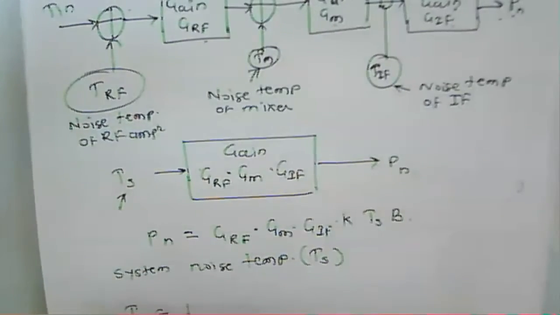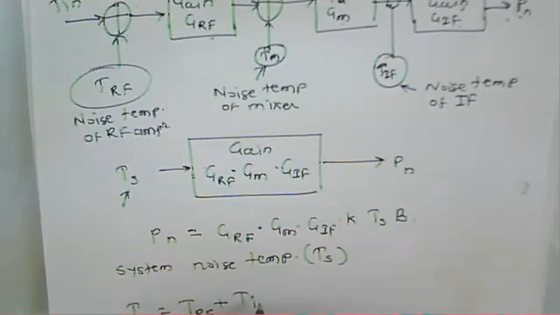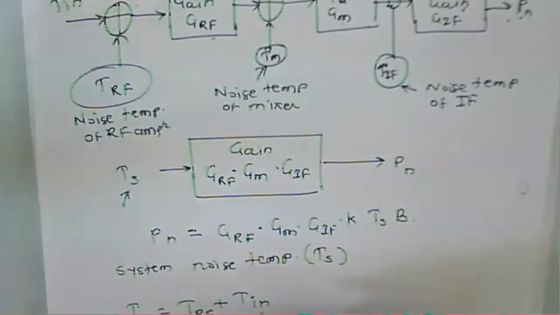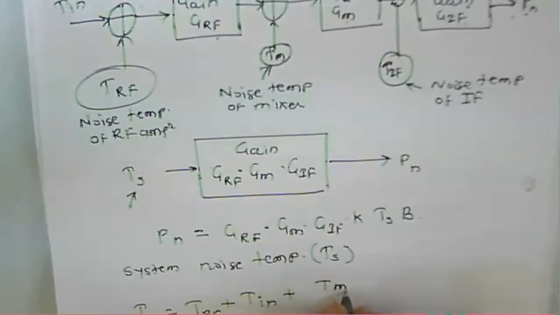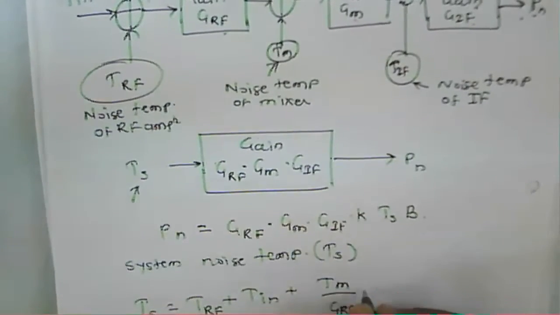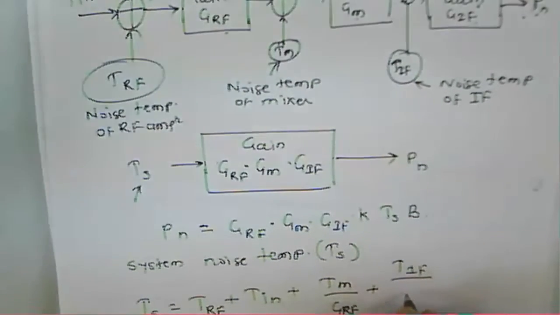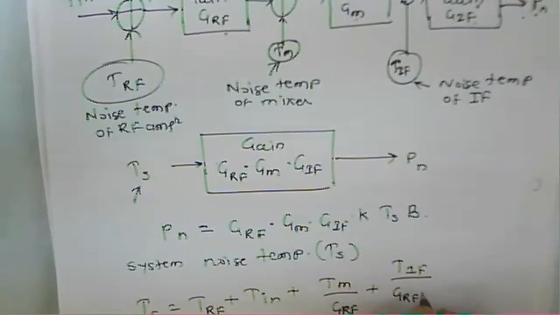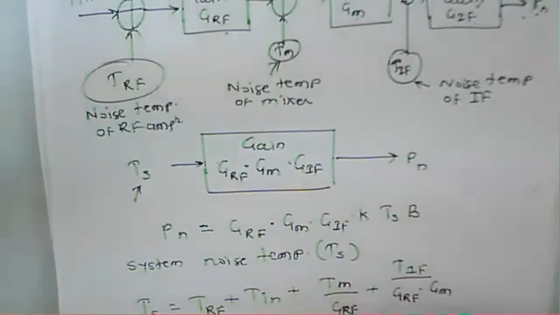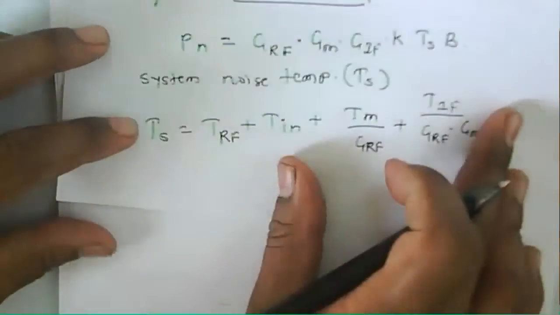TS is equal to what? TRF plus TIN plus TM by GRF plus TIF by GRF times GM. That will be nothing but the system noise temperature.